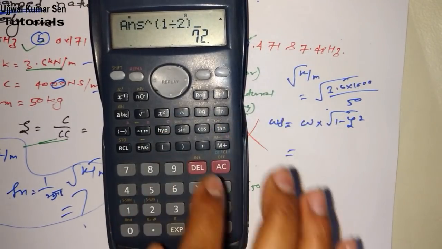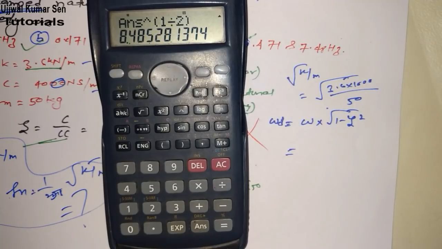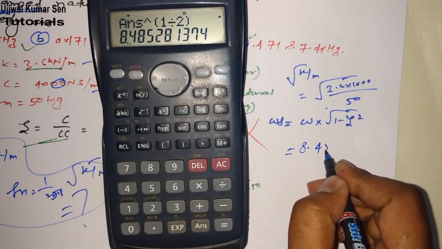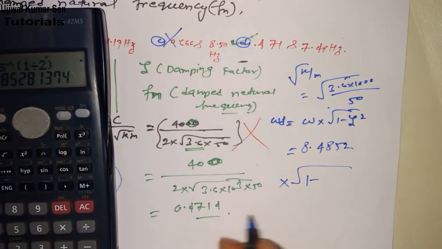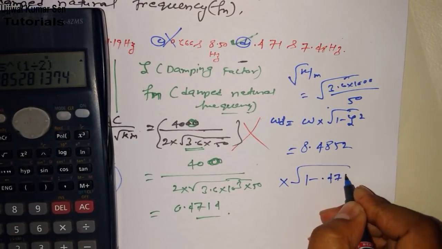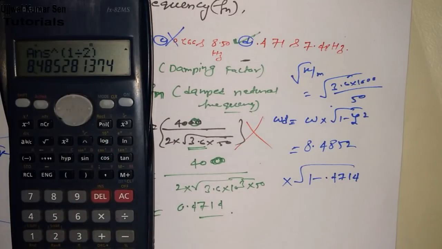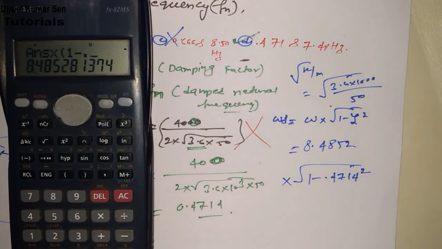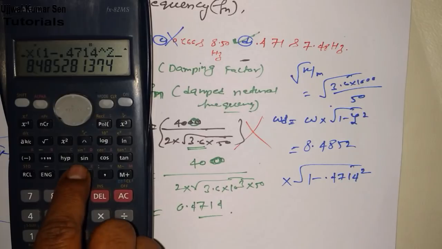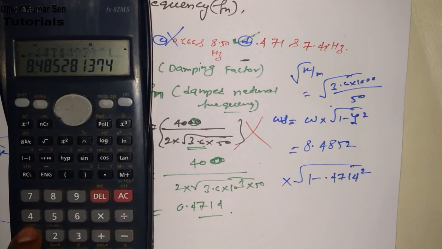Its root is 8.4852, multiplied by root of 1 minus zeta square. Zeta is 0.4714, so 1 minus 0.4714 squared, its root also.